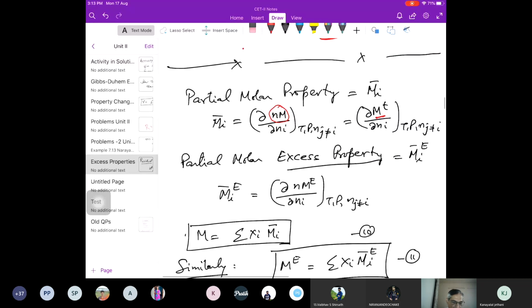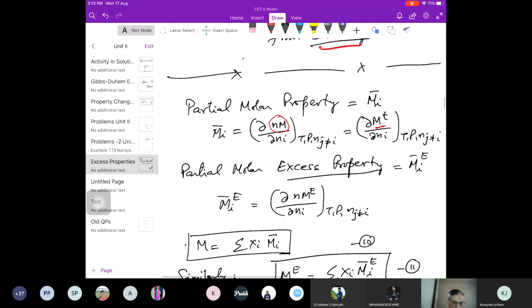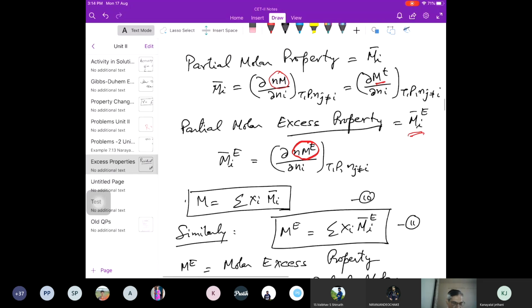So if we take partial molar excess property, Mi bar E, similarly we can define that, right? Just like we defined other properties, we can define excess property for partial molar excess property. Mi bar E is nothing but ∂(nME)/∂ni at constant temperature, pressure and nj, where j is not equal to i, right? And we also defined M, total molar property, as summation of xi into partial molar property, Mi bar.